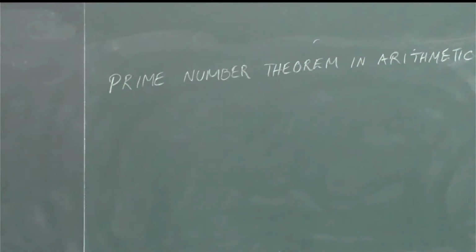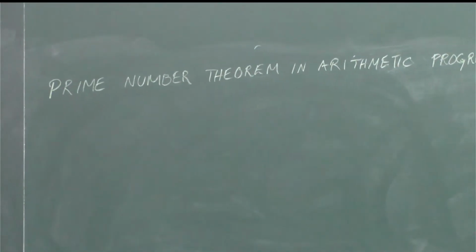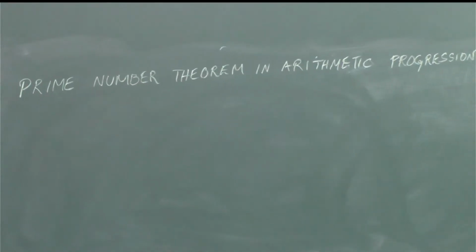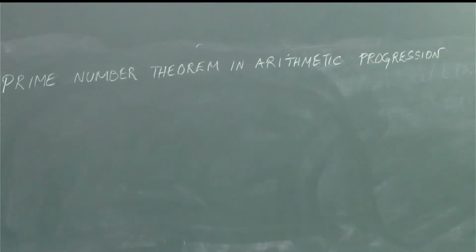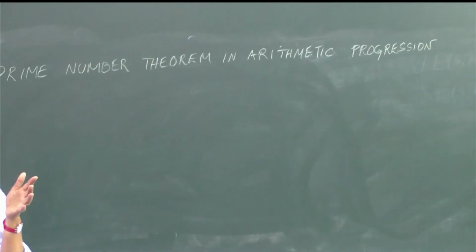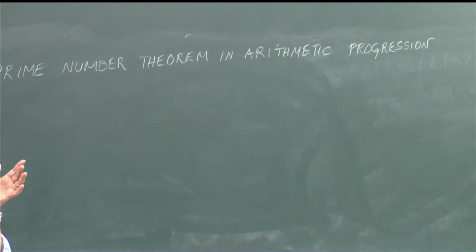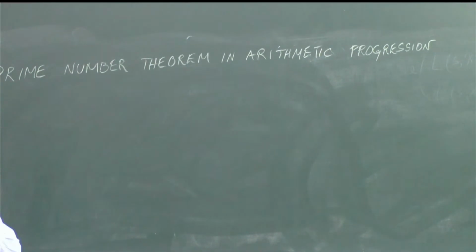And this is, of course, in itself a very nice area to study, but it's also nice because we have just looked at the zero-free region. Yesterday we studied the zero-free region, and everything that we have studied till now is going to find an application in the proof of this theorem.